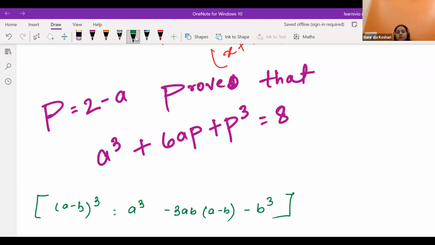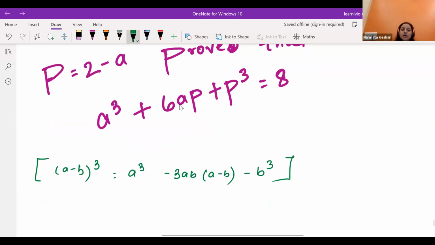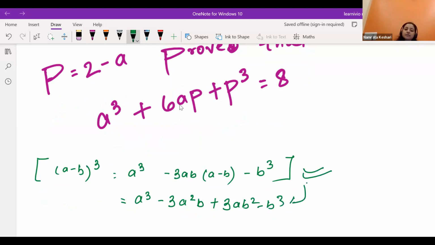After substituting the values, maybe you will encounter this type of scenario where you are supposed to use this formula. The expanded version of this formula is a cube minus 3a square b plus 3ab square minus b cube. So exactly this is the formula and this is just the expanded form.